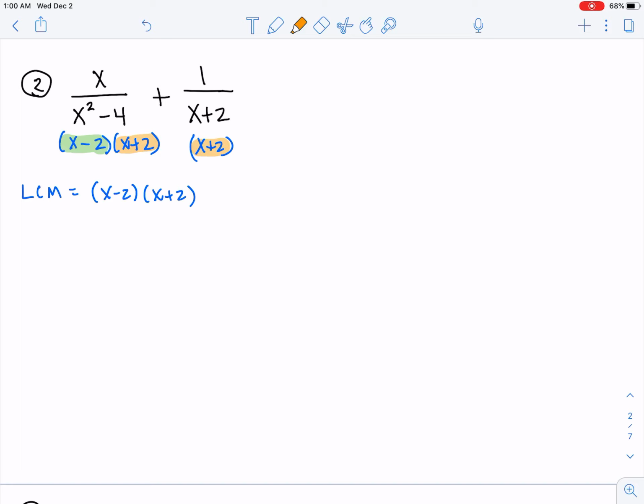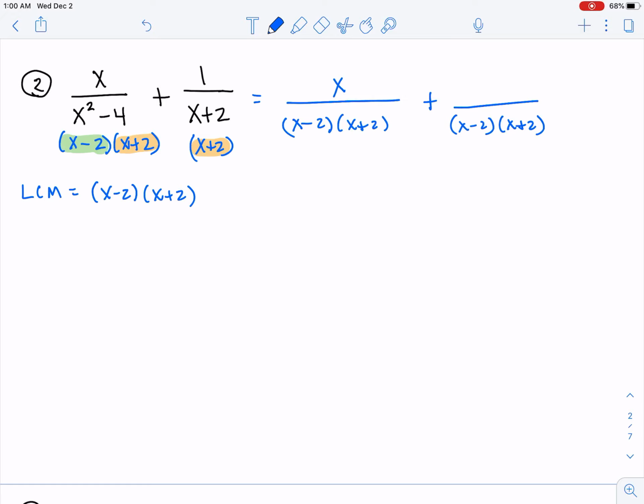Okay, so with that, I'm going to rewrite with x minus 2, x plus 2, plus x minus 2, x plus 2. Now I'm going to look at this first term and notice it already has that denominator, so I'm just going to bring that x over. Out of the second term, I have 1 over x plus 2.